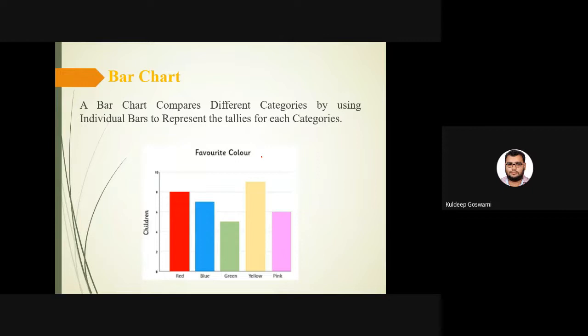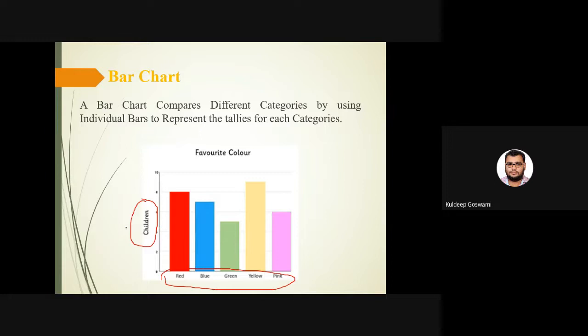This is the example of a bar chart. A bar chart compares different categories by using individual bars to represent the data of each category. See, in the x-axis, these are the names of the colors, and in the y-axis, this is the children.